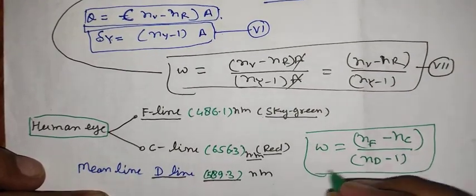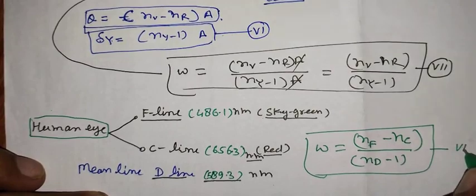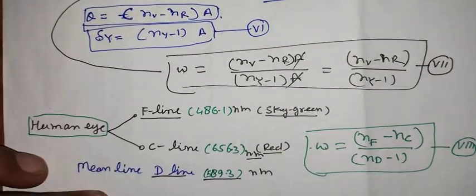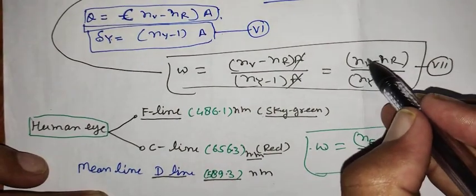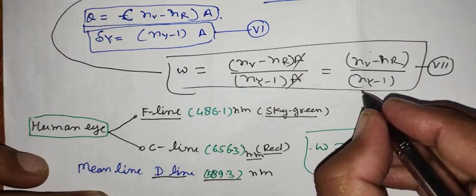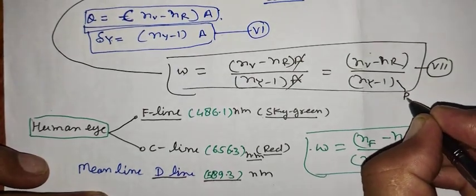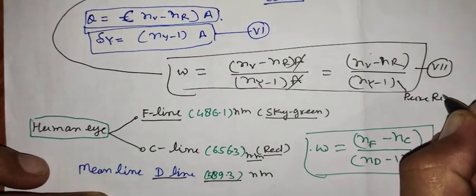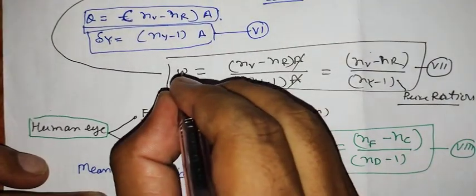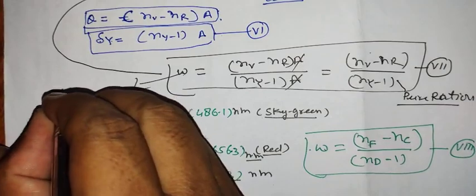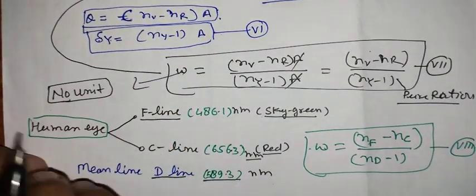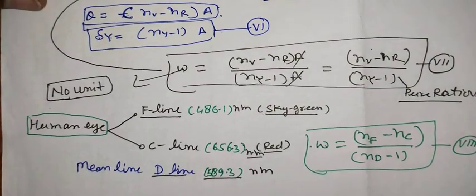It is also represented by equation number 8. Both the angular dispersion and the angle are angles, so it is a pure ratio. So it has no unit. It has no unit and is a dimensionless quantity.